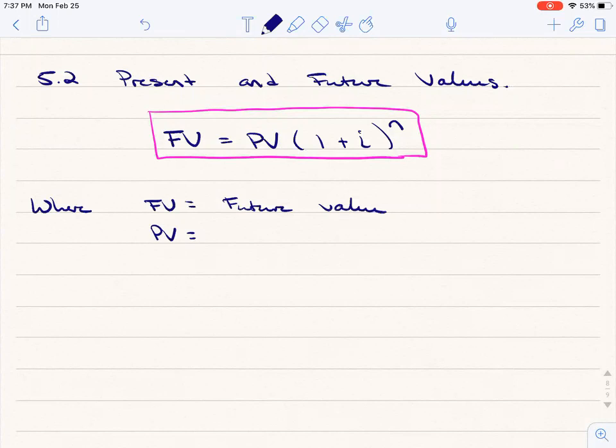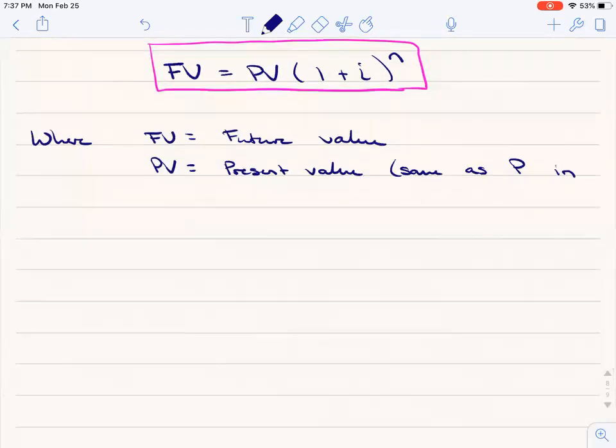And so PV is the present value, same as P in simple interest. So that's the future value and the present value.